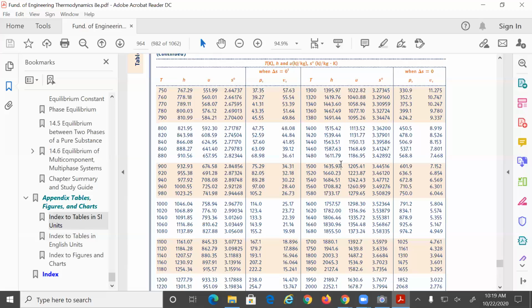Okay, so from table 822, you find that H5 is 1635.97.